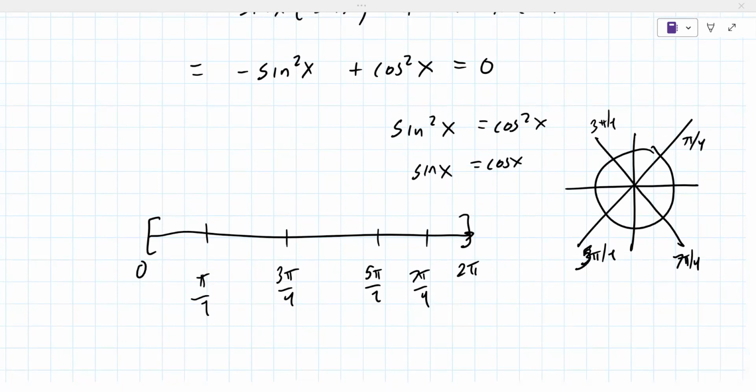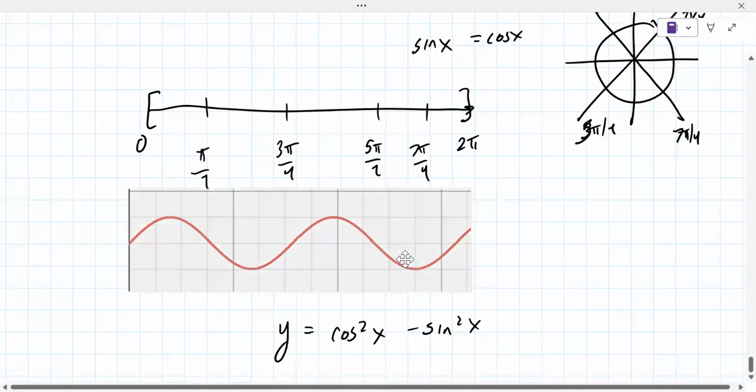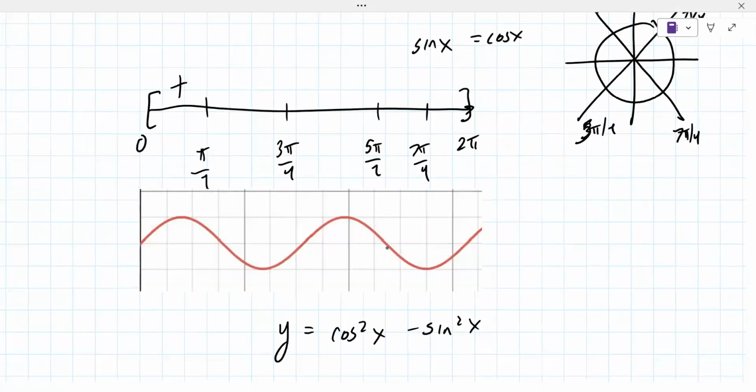Let me try to illustrate that here. Okay, so here's the graph of this thing. You kind of shape it so you can see that it's increasing, decreasing, increasing, decreasing, increasing.